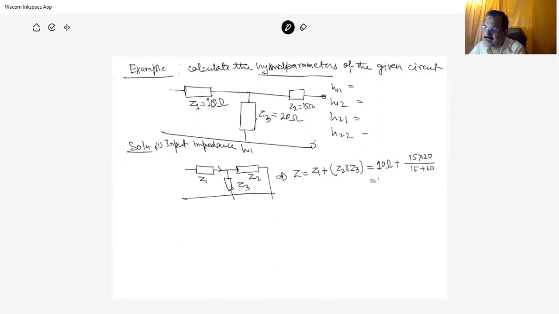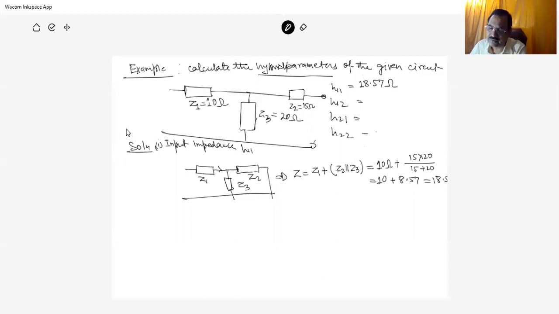So this value is 10 plus 8.57, and this is 18.57. This is the first part of the calculation.